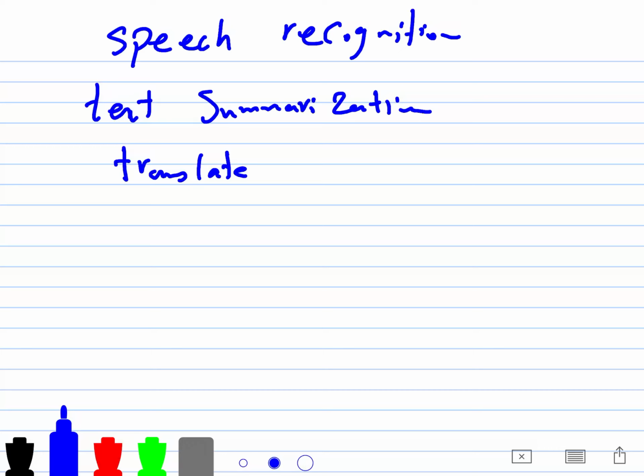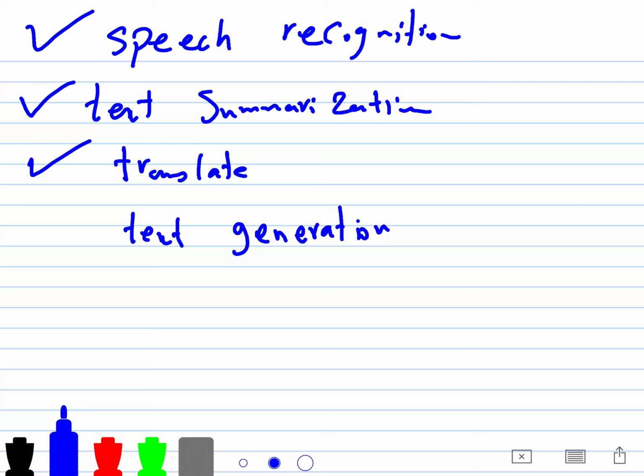You can do text summarization, speech recognition, translation, text generation, which is my favorite, text generation. You can do all sorts of things with transformers.